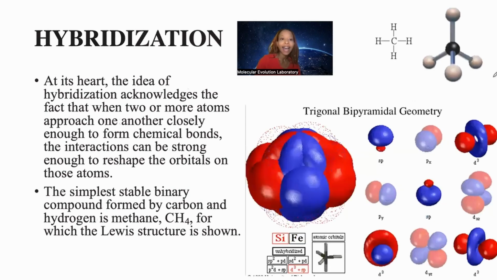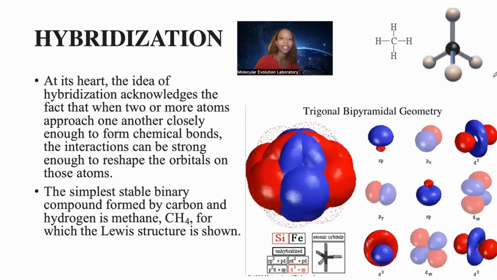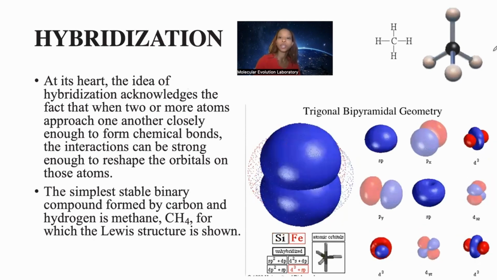At its heart, the idea of hybridization acknowledges the fact that when two or more atoms approach one another closely enough to form chemical bonds, the interaction can be strong enough to reshape the orbitals on these atoms. The simplest stable binary compound formed by carbon and hydrogen is methane, CH4, for which the Lewis structure is shown here.